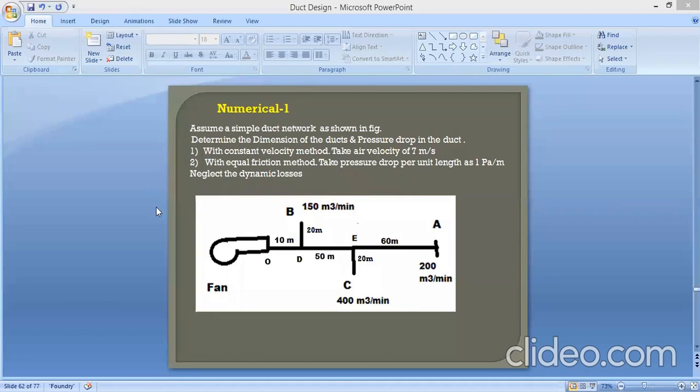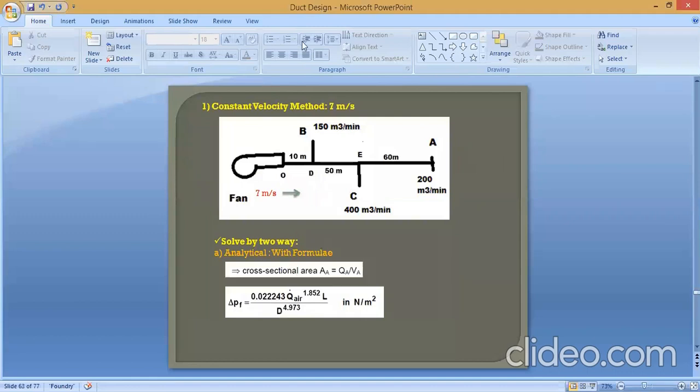Clear? So in the previous lecture, we started the discussion on constant velocity, and we already solved part of this constant velocity method. With the help of this constant velocity method, this duct design method, you can solve by two ways.